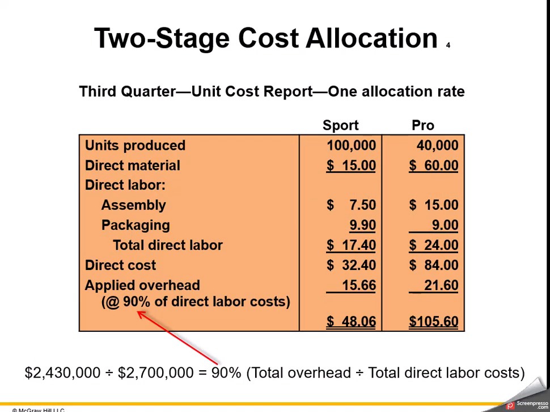So we are going to allocate that, our total overhead, we're going to divide it by our total direct labor hours, if that's what we're using as our allocation base. So then that gives us 90%. So then 90% of the direct labor costs are going to get allocated to the sport and then to the pro.